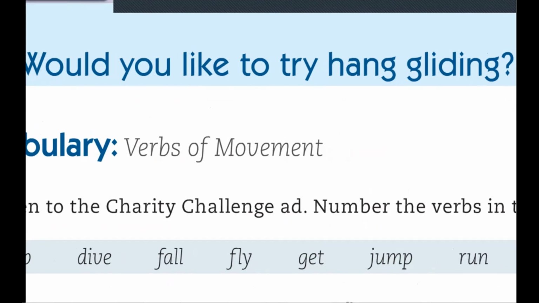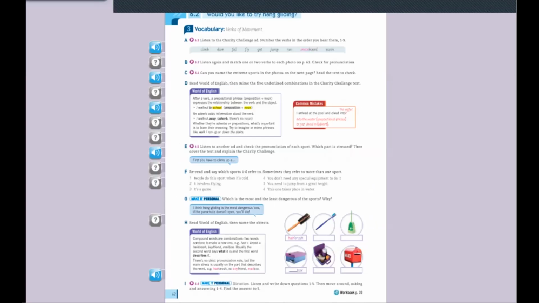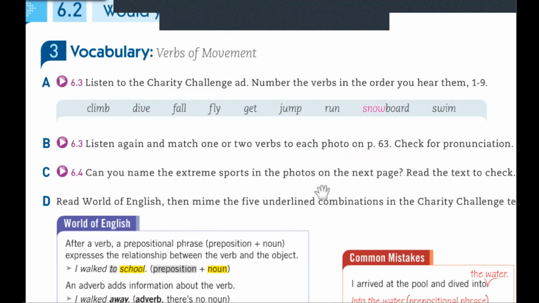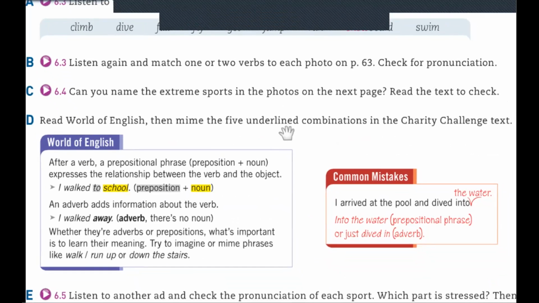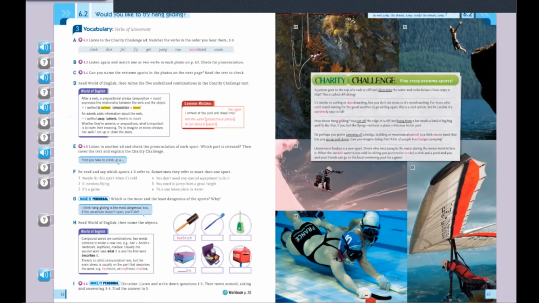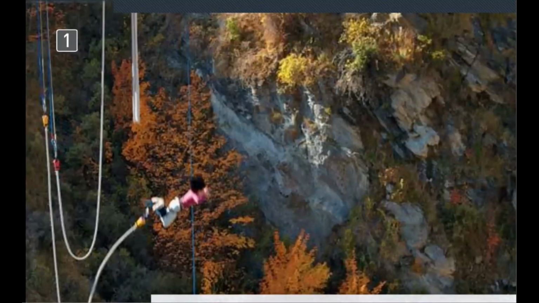Would you like to try hang gliding? We finished exercise A. Now let's move to exercise C. Can you name the extreme sports in the photos on the next page? And then let's turn to the next page. So what is the name of this sport on page 63?